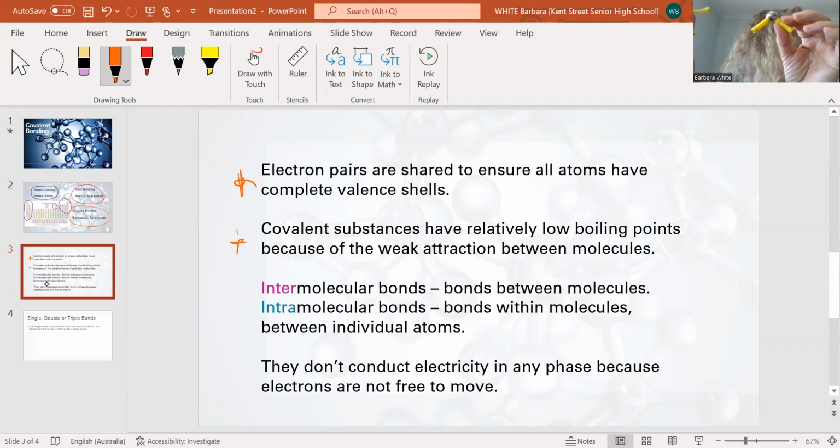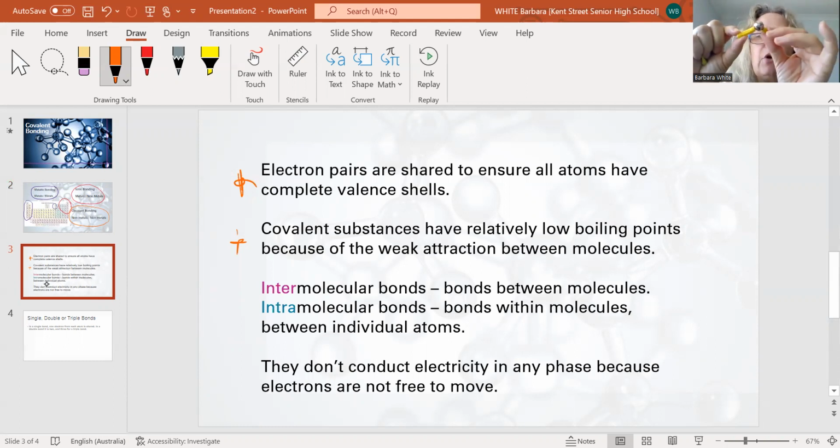So in a physical reaction, the intermolecular bonds, which is the bonds between molecules, are broken, but the intramolecular bonds, the bonds within the molecule itself, are not broken in a physical reaction.